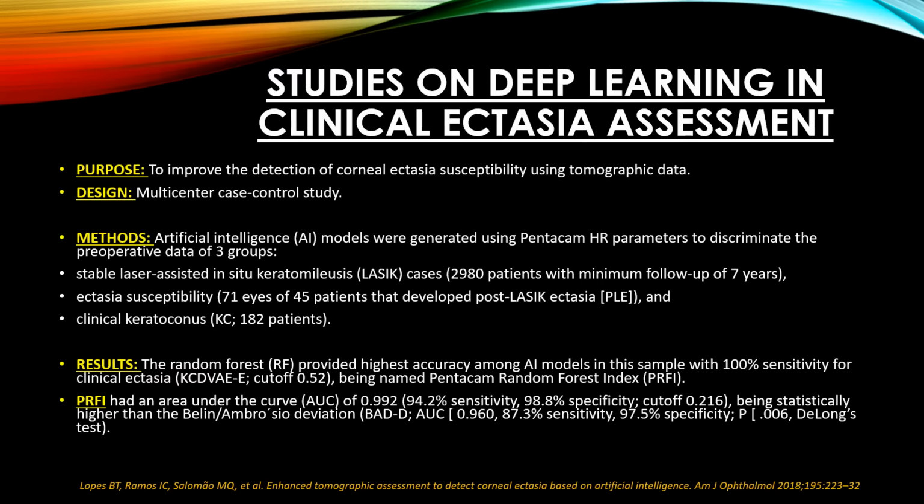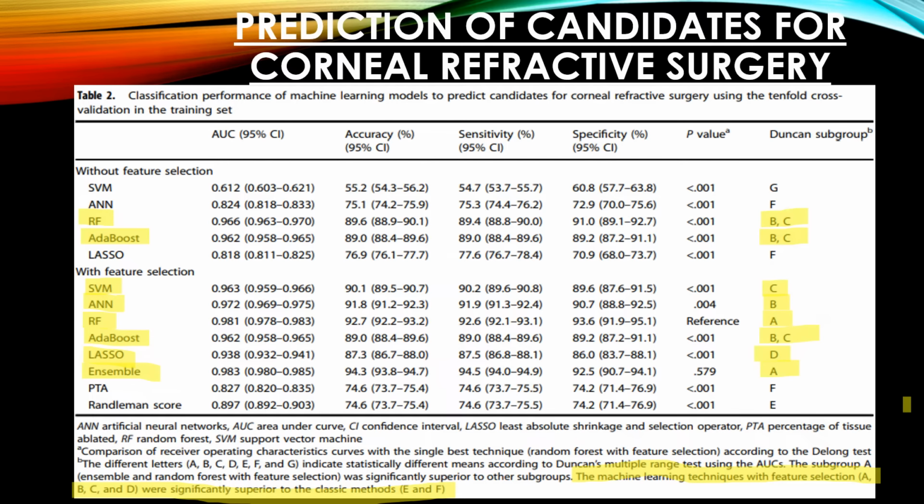So PRFI had an area under the curve of 0.992 being statistically higher than the Belin-Ambrosio deviation. So this also shows us how it has been able to detect clinical ectasia and help us in refractive surgery. So these are the prediction of candidates who are suitable for corneal refractive surgery. So this is the classification performance of various machine learning models to predict the candidates who are suitable.